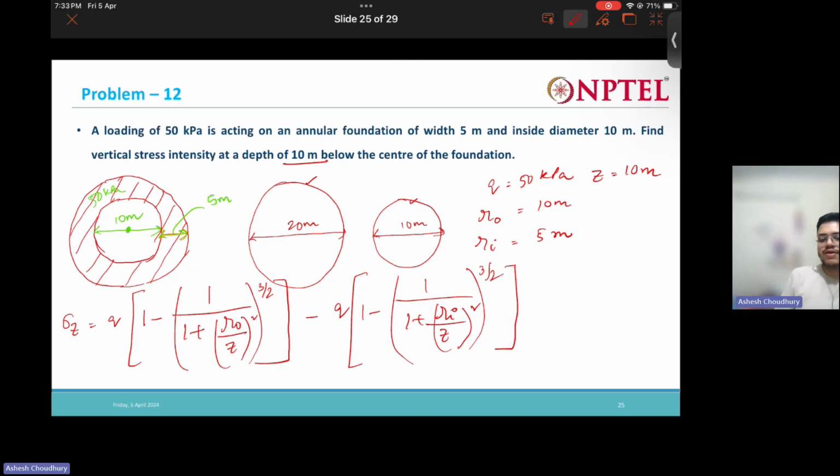Okay, so put the values and find it out. Let us see how much it is coming. So in place of q you put 50, R0 is 10, Ri is 5, z is 10 meters. Put all the values carefully in the expression and calculate. Let us see how much it is coming.